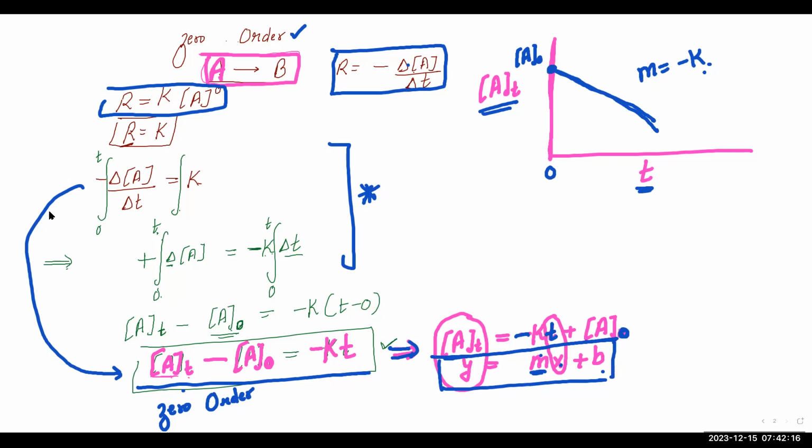Okay. So for zero order kinetics, the concentration of A at any time t during the experiment versus t is a straight line.